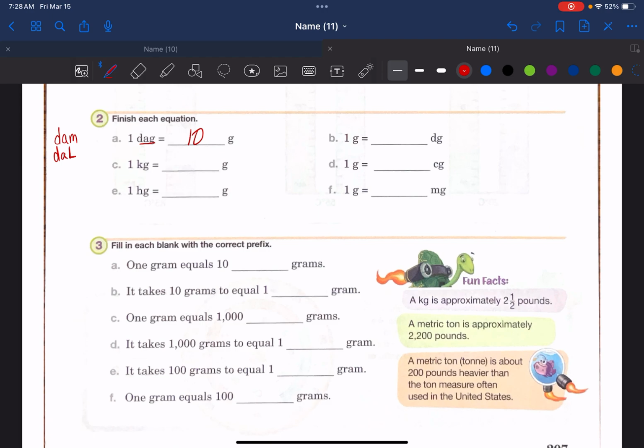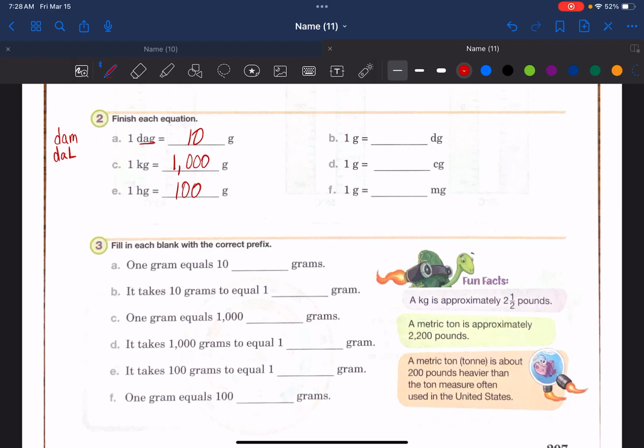Okay. If you have 1 kilogram, how many grams does it take to make up 1 kilogram? 1,000. And finally, the only one that you have left, the hectogram. If you get 1 hectogram, how many grams have to be put together to make a hectogram? 100.